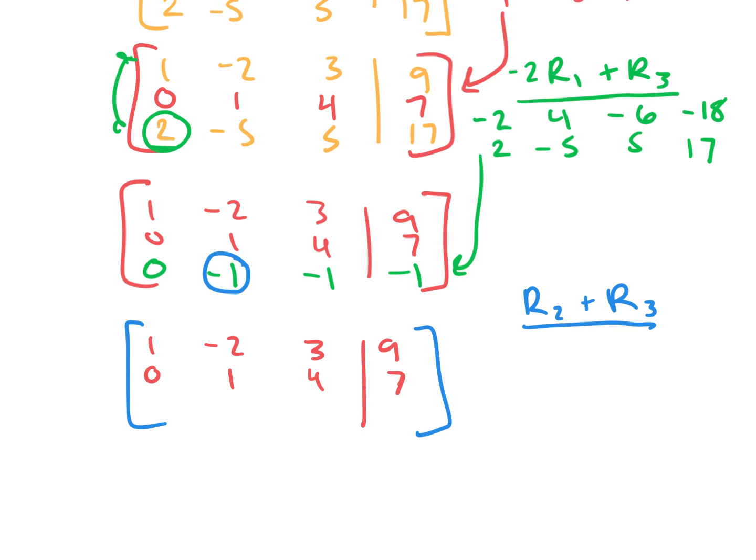And I'm changing the third row. So row 2 plus row 3, 0, 1, 4, 7, plus 0, negative 1, negative 1, negative 1. Add these two together. I get 0, 0, 3, 6.